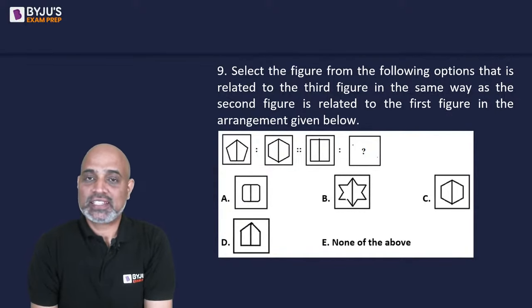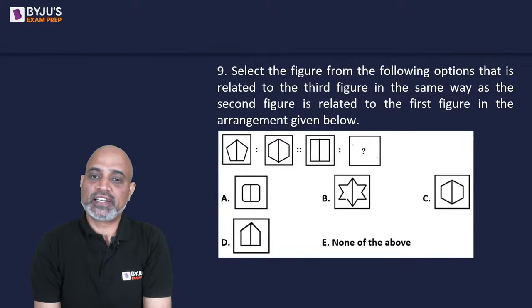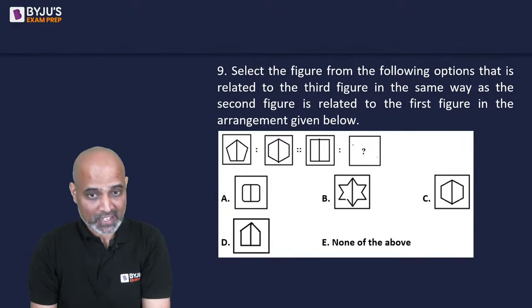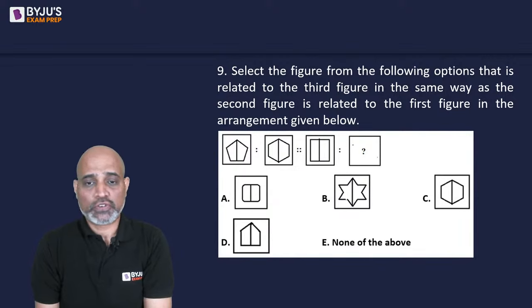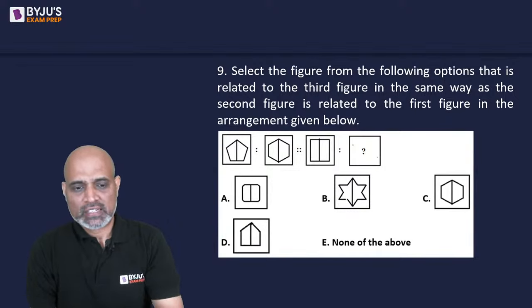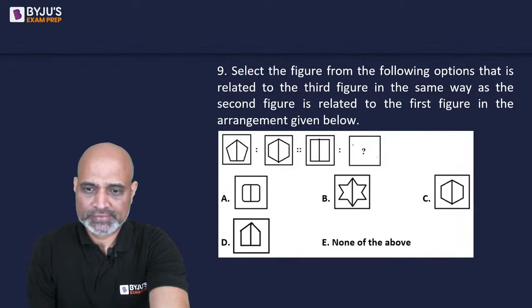Okay, next one. Select the figure from the following options that is related to the third figure in the same way as the second figure is related to the first figure in the arrangement. So we have square boxes here. So we have a pentagon, then we have a hexagon, we have a square, then what we need to have? Simple, right?